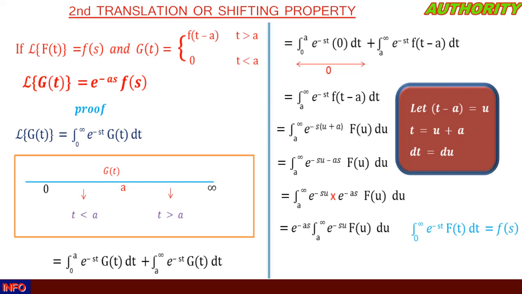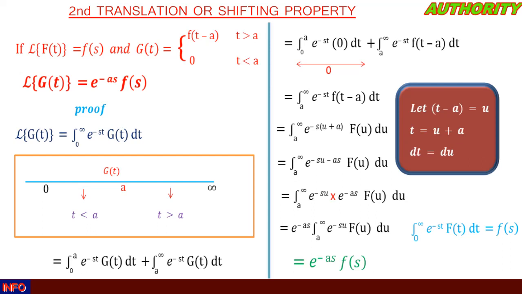Okay? So that is to say that what we just solved, e raised to the power of minus as times the integral from a to infinity of e raised to the power of minus su, f of u du, is e raised to the power of minus as times F of s.